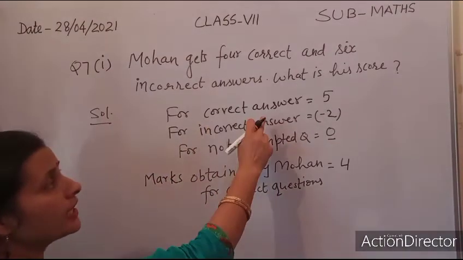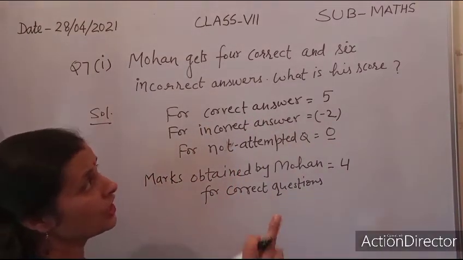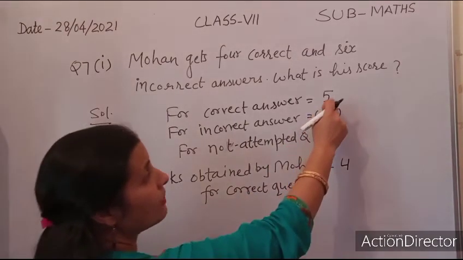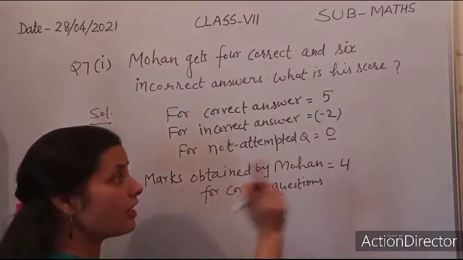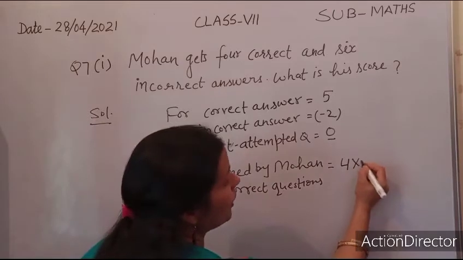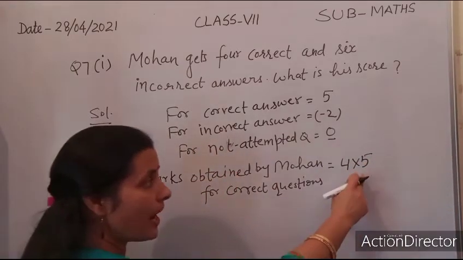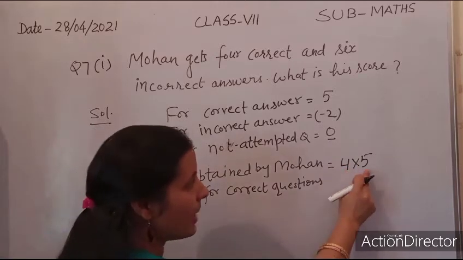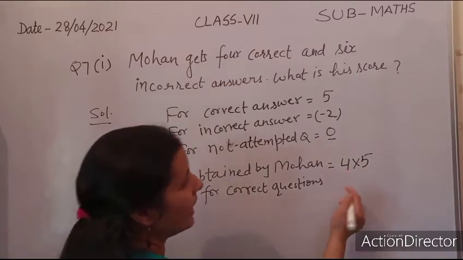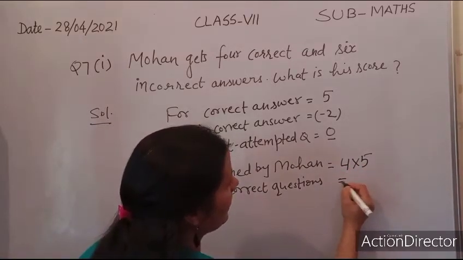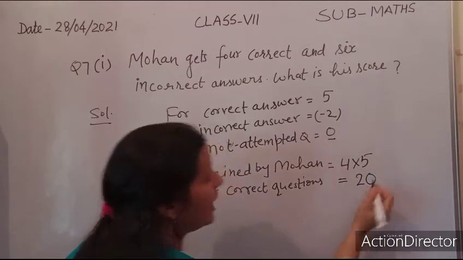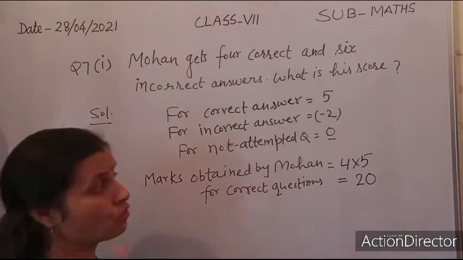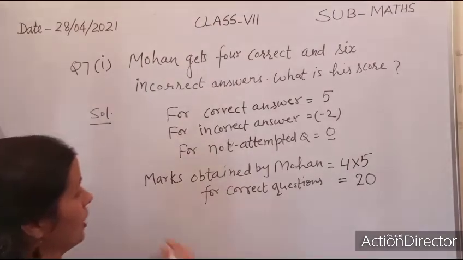As per the condition, for each correct question the child gets 5 marks. He has done 4 correct, so 4 into 5. For each question 5, for 4 questions, 4 multiplied by 5. It will be 20. So Mohan got 20 marks for correct questions.